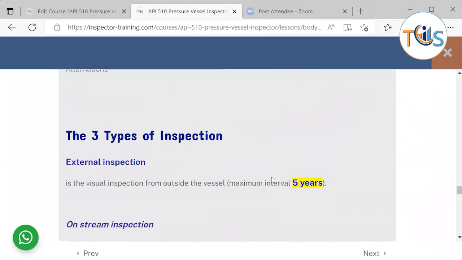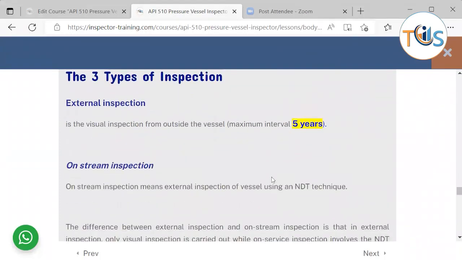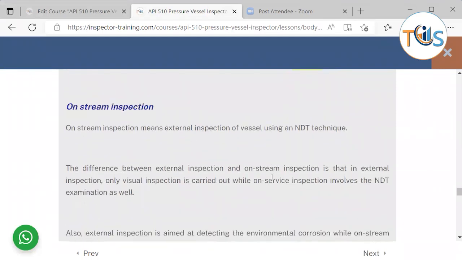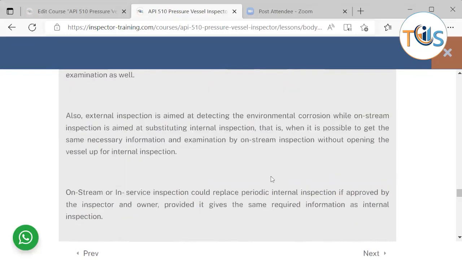And there are three types of inspection: external, which has a maximum interval of 5 years, and on-stream inspection, which uses NDE techniques. The difference is that in external inspection normally you only do the visual, whereas on-stream you do the NDE examination also.